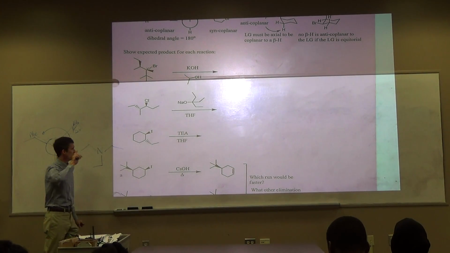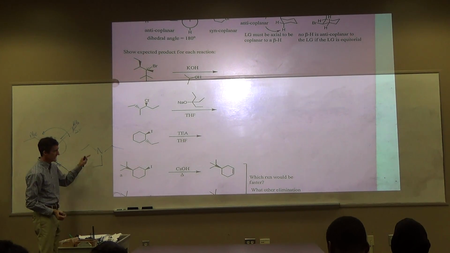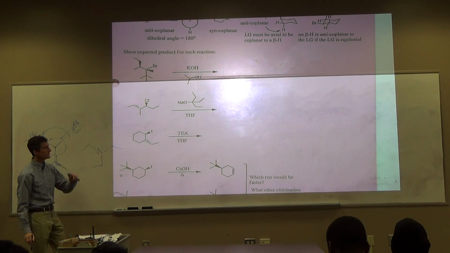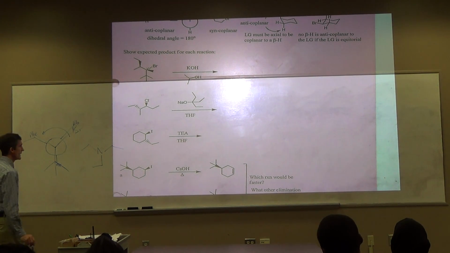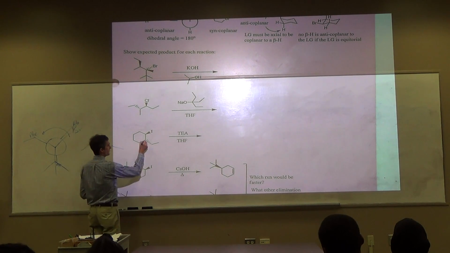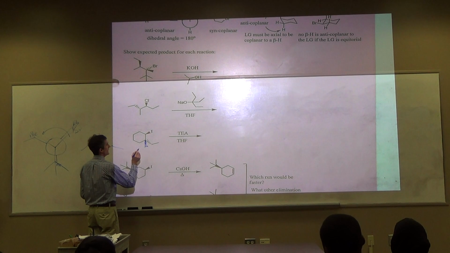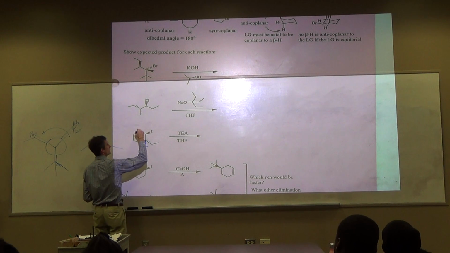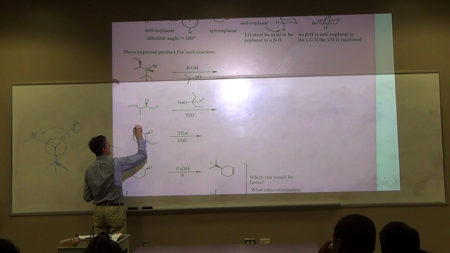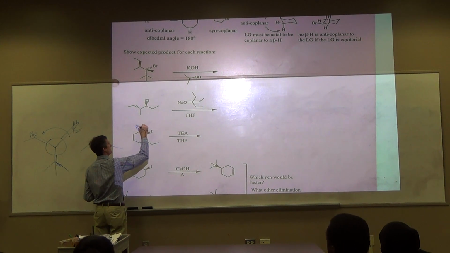Okay, we're doing the E2. It is strong enough. So what's the E2 product here? How many theoretical products are possible? We've got an H here, and it's bolded. Call it HA, on this beta carbon. On the other beta carbon, there are 2 H's. I'm going to draw them both in, HB and HC.